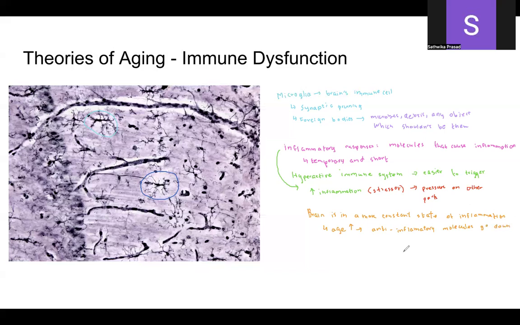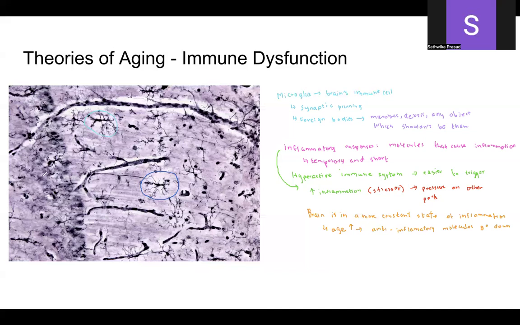So basically, it's like a twofold effect here, right? Not only is your brain becoming more active, which causes more inflammation to happen, it's also reducing the efficiency or dampening the effect of the anti-inflammatory molecules. So your brain is making it so that it's pretty much constantly inflamed.